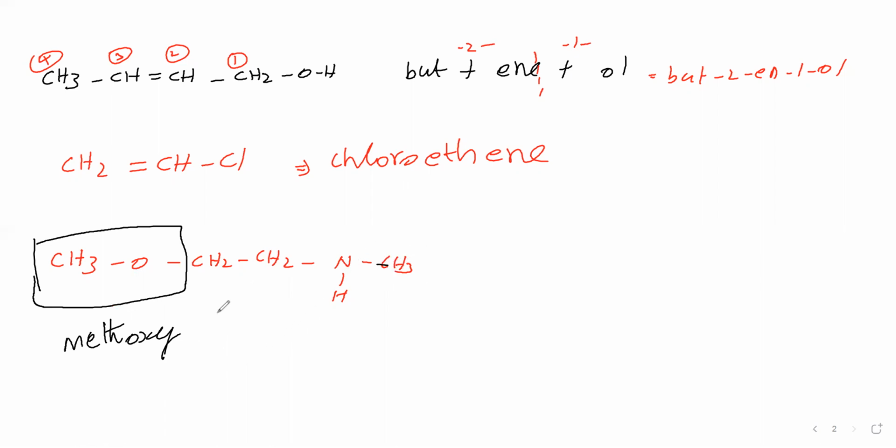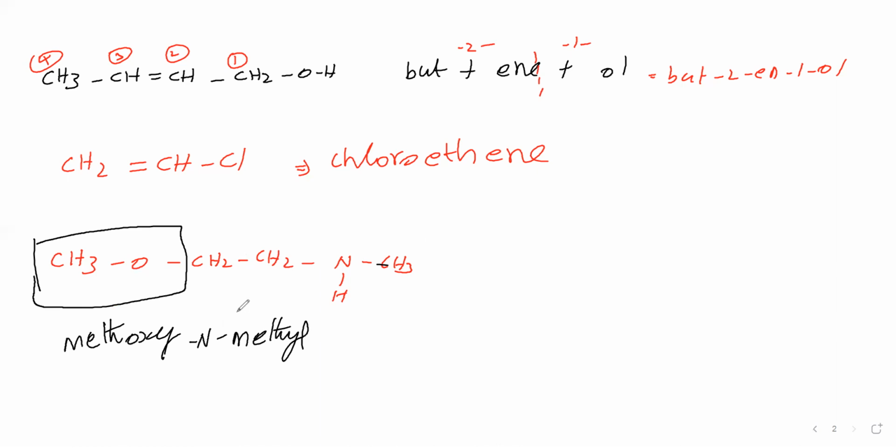Here the number of carbons is 1, here the number of carbons is 2. Since the number of carbons is 1, this we will take as branch, this we will take as parent. Therefore, this is the branch, so this name we will say first. That is methyl. It is directly attached to N, therefore we will say N-methyl.